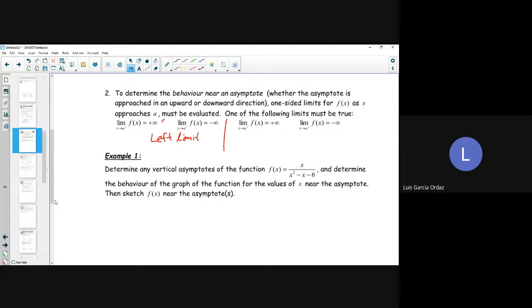And we can also have the limit as x approaches a from the right is equal to positive infinity, or the limit as x approaches a from the right is equal to negative infinity. This will be our right limit. Like I said, we'll see this in our next example. Or what this also means, as x approaches a, negative means from below the asymptote.